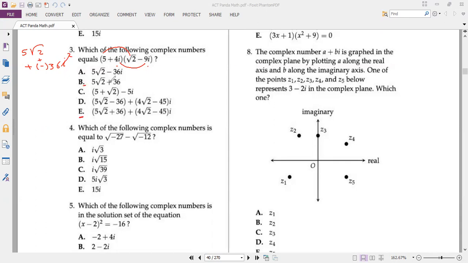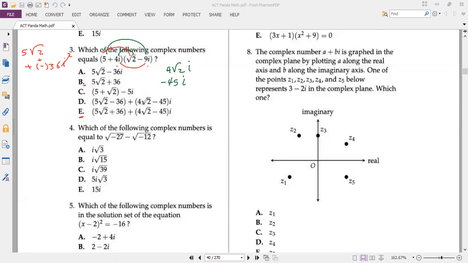Okay, for the other part of the product, one option is closer together and the other is far apart. Closer to each other is 4 root 2 i. The other one is 45 root 2 i.